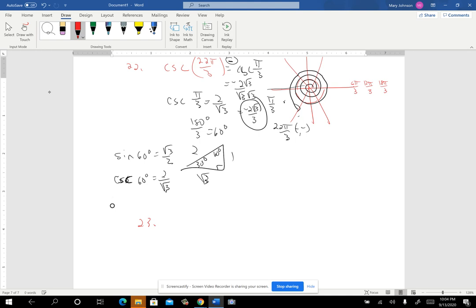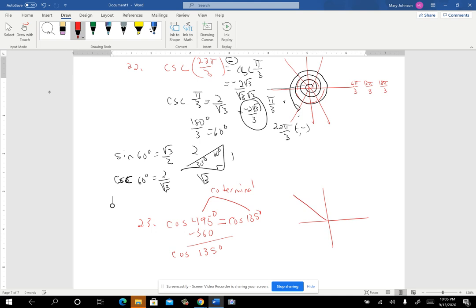All right, number 23 is cosine, but it's of a nice big angle. First thing I'm going to do is knock off a rotation, and that'll get me down to 135. Cosine of 495 exactly would equal cosine of 135 because these are coterminal. I don't even have to worry about adjusting them.